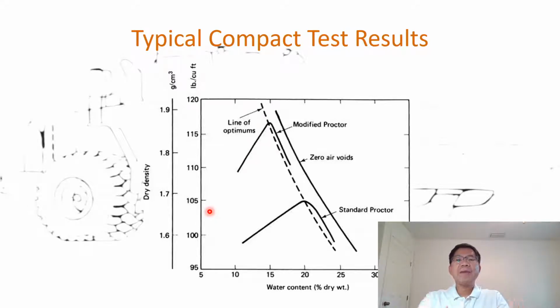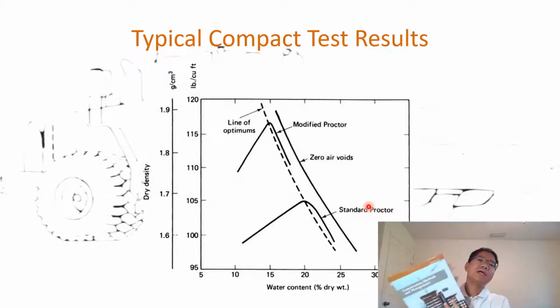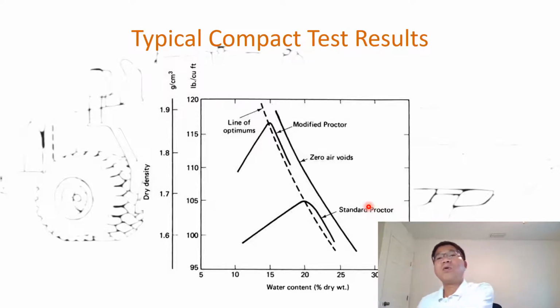Then the other method called the modified Proctor test, basically the compactive effort is 4 times as much as the standard Proctor, and you learn the different procedure, how many blows, etc., in Geotech 2. In the textbook, in chapter 5, you also have a table describing the difference between the modified Proctor test and the standard Proctor test.